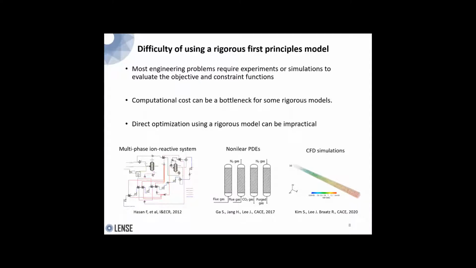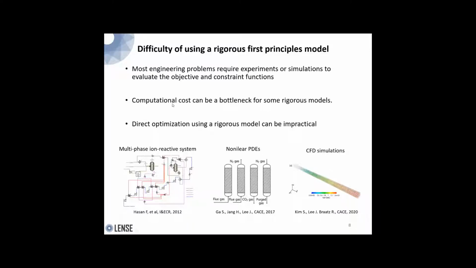And most engineering problems where you're trying to use a model may require a lot of simulations and evaluation of the objective functions and constraints. For example, you are trying to optimize certain inputs or design parameters, and every time you iterate on the optimization, it may require evaluation of the model.